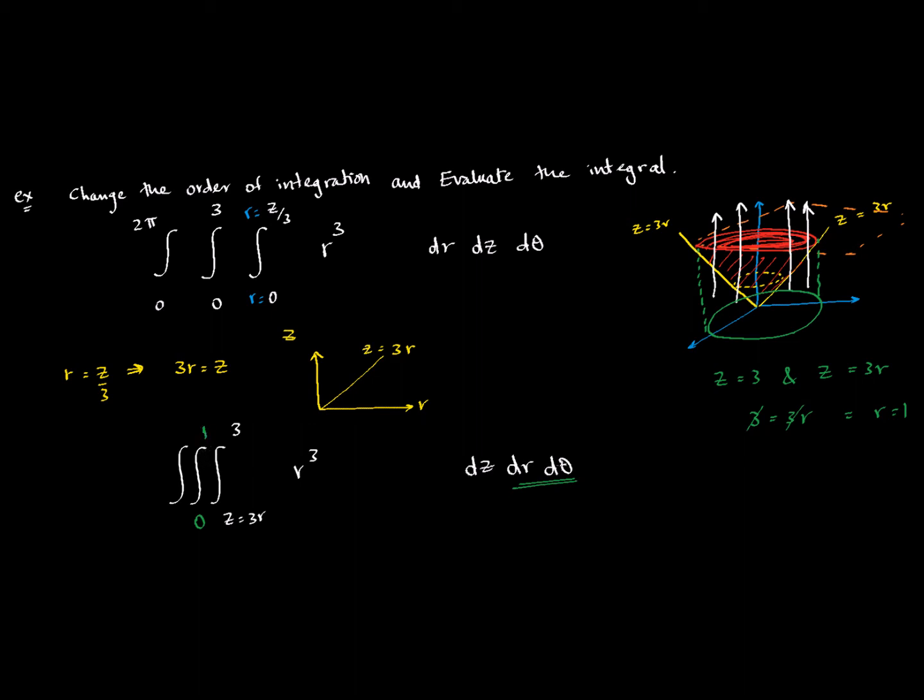And finally theta, the projection of the solid on the xy plane is a complete circle centered at the origin, so theta is going to range from 0 to 2 pi. Okay, now we change the order of integration, and we can integrate. So let's evaluate this.